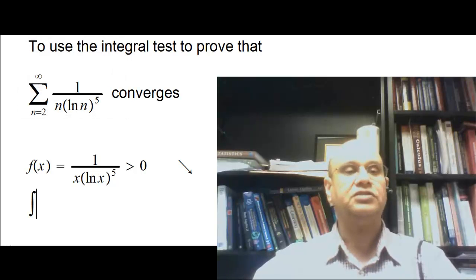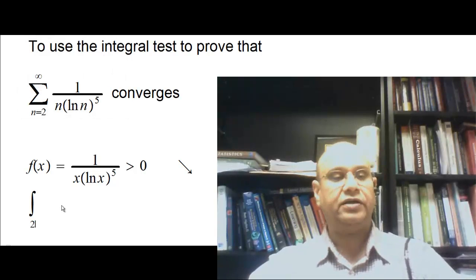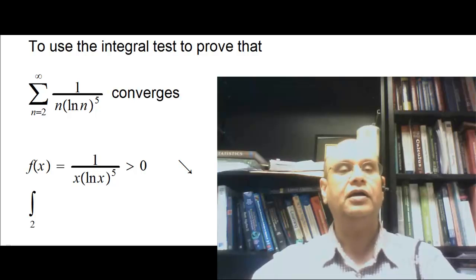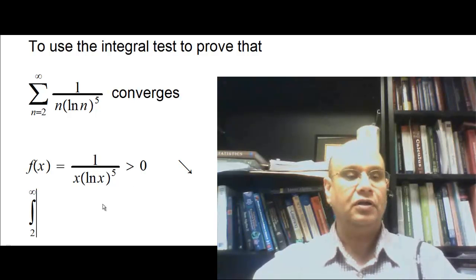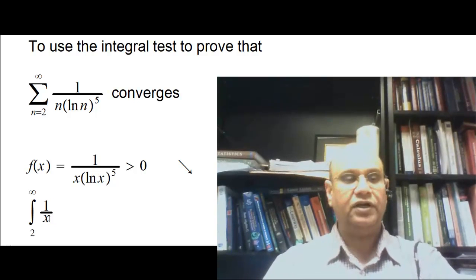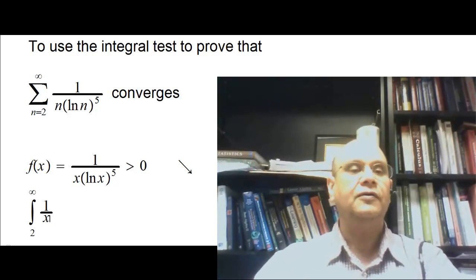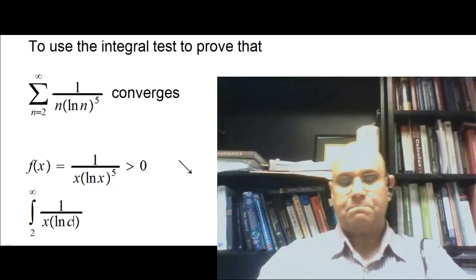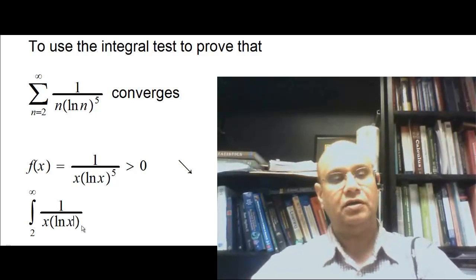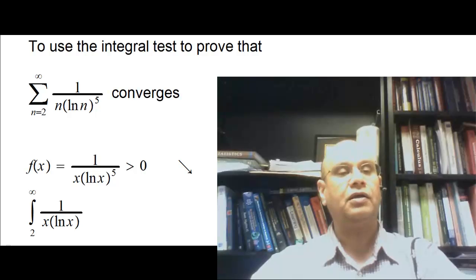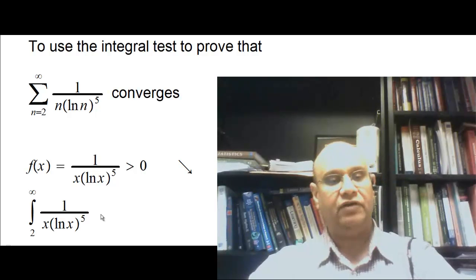That this series and this improper integral, right? Which improper integral? 1 over x times ln of x to the power 5.